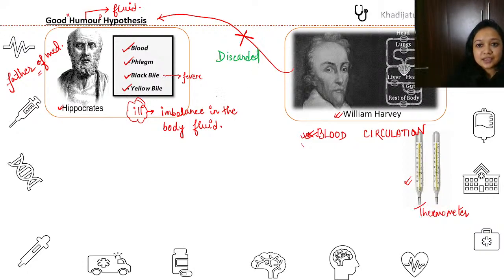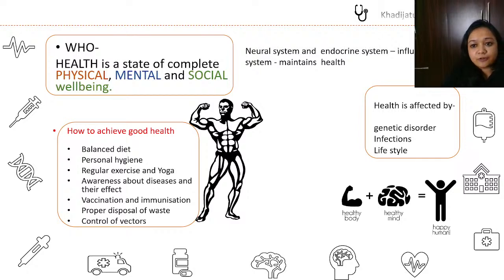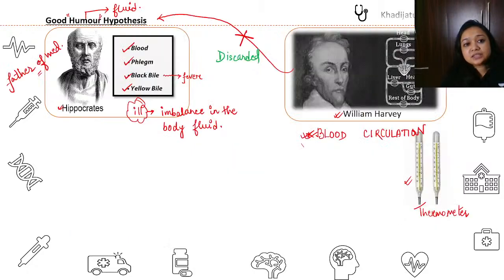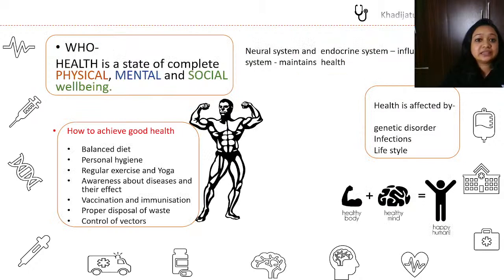Okay, now if imbalance of all these things is not illness, since he discovered blood circulation, then what actually is illness, or what actually is disease?